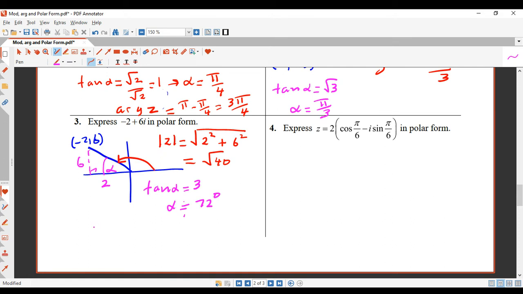Which means the argument, right, will be 180 degrees minus 72 degrees, which is 108 degrees, but we know arguments are expressed in radians. So you've got to convert that to radians, okay?